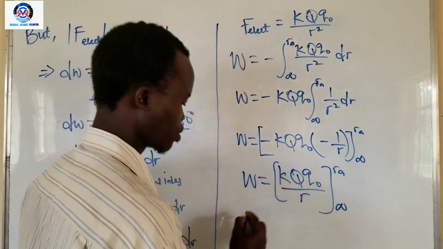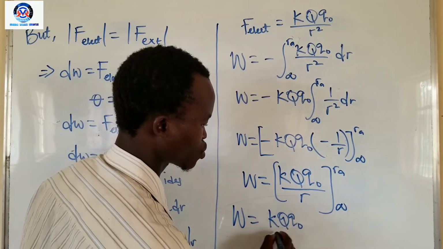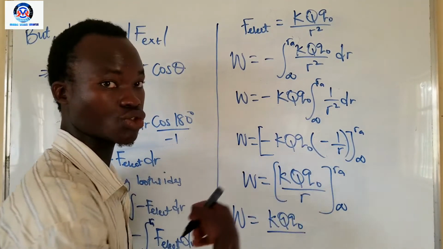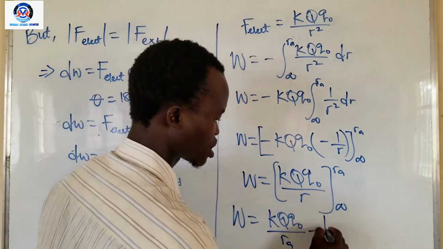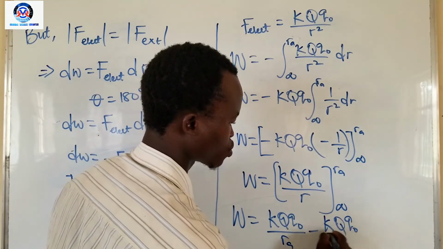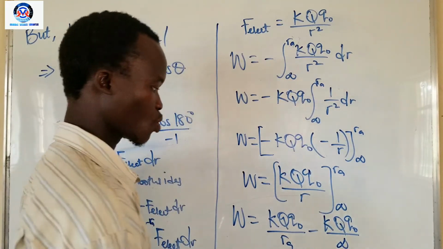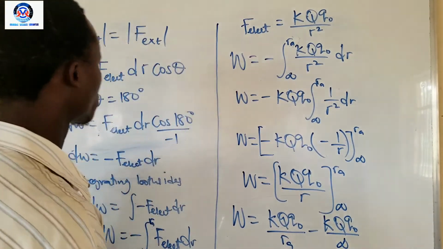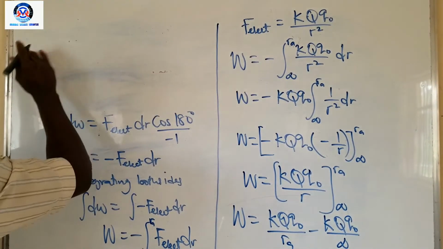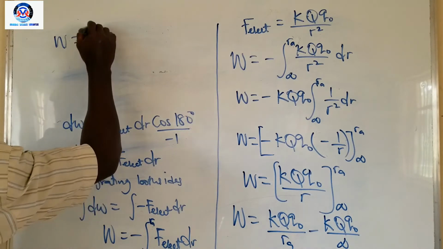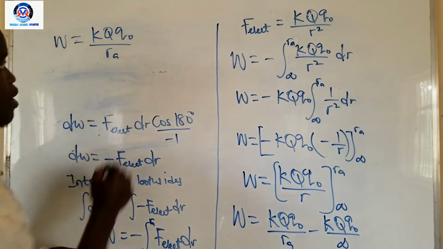So the work done is now equal to K Q naught over, anywhere you see R, we change it to RA, minus the same expression, K Q naught over, anywhere you see R, we change it to infinity. So finally, our work done will now be W equals K Q naught over RA minus.